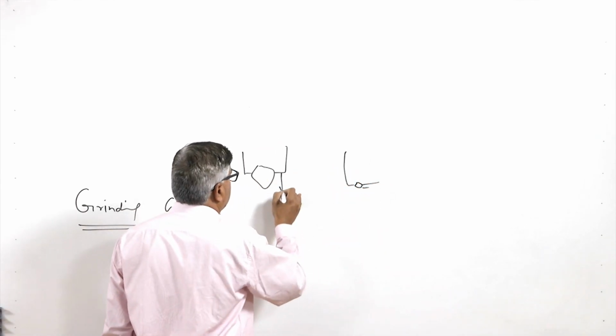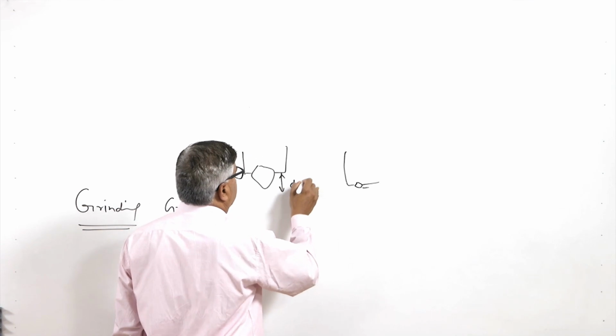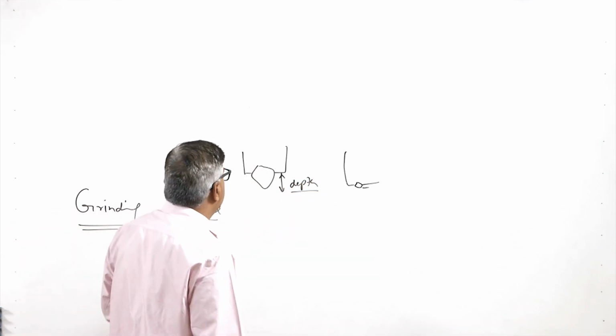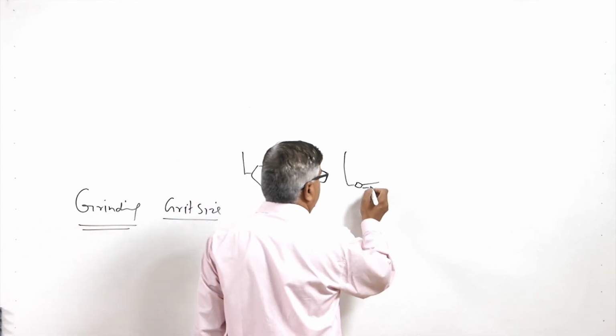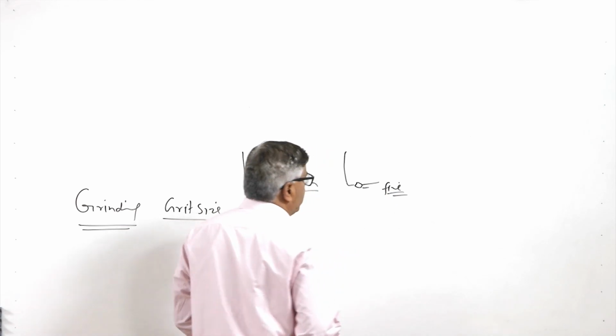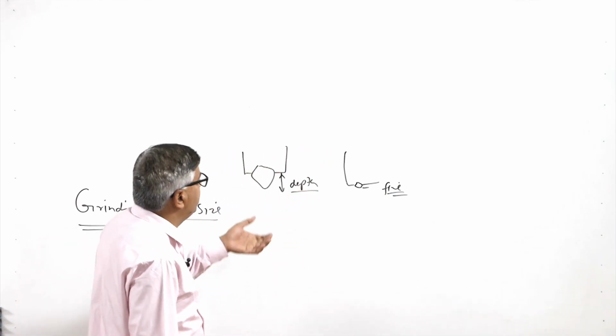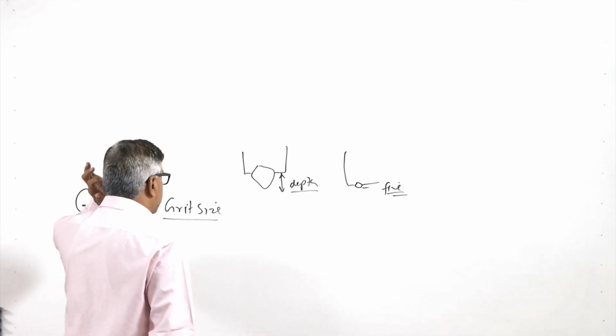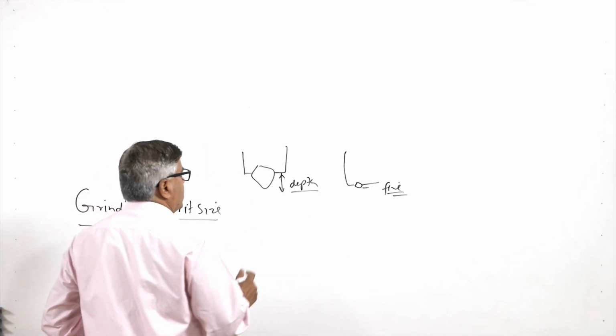So, this governs basically the depth of the cut made by the abrasive during grinding, while in case of the fine abrasives the depth of cut will be fine. So, the thickness of the chip which will be removed will be fine in case of the fine abrasives as compared to the case when the coarse grit is used.